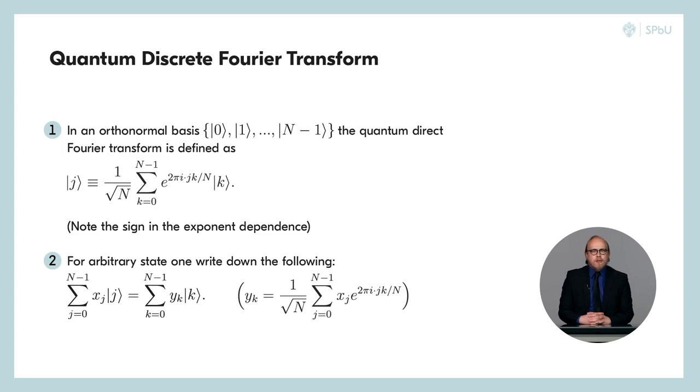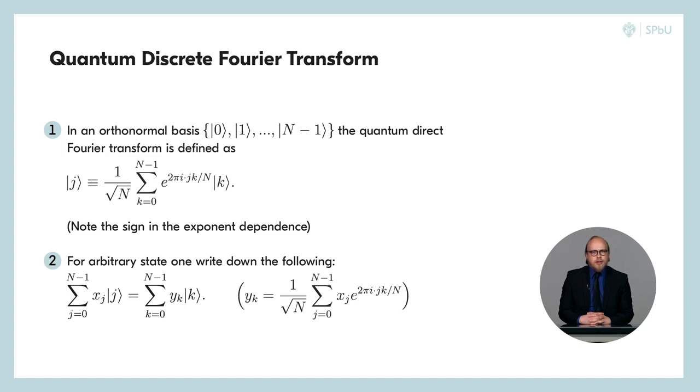As a result, for an arbitrary quantum state psi, which is a superposition of the basis states j from 0 to n-1, taken with the coefficients xj, we can write down the following equality: the sum over j from 0 to n-1 of xj multiplied by the state j is equal to the sum over k from 0 to n-1 of yk multiplied by the state k.